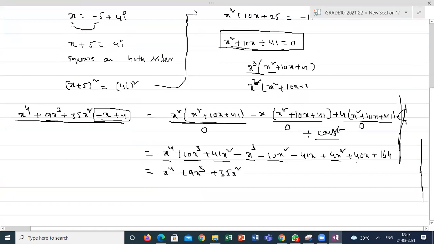Next, x values: this is minus 41 plus 40, this is minus x. 164 can be written as plus 4 plus 160. So 160 is the answer, because this entire value is 0. I need to add plus 160 to make the equation like this. So the answer is 160.